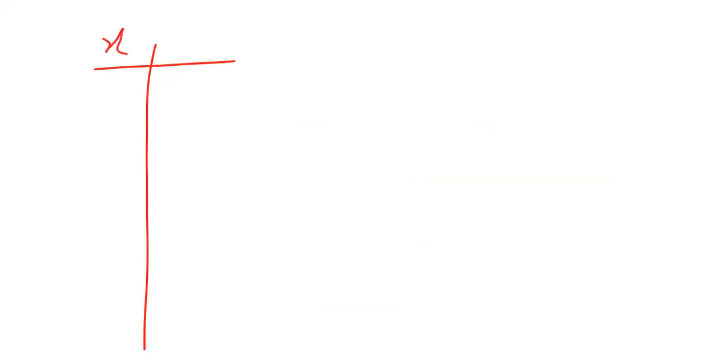Here's x: 1, 2, 3, 4, 5. So this is still our deviation that we did before, x minus x bar, as usual.